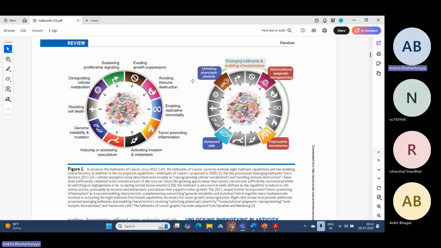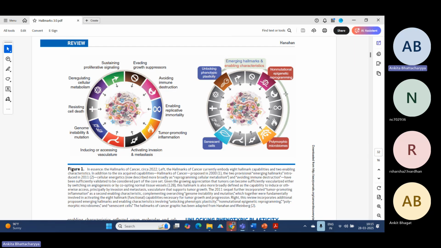So that's what you saw here. These enabling characteristics were two. One was non-mutational epigenetic reprogramming. If you remember, we had talked about epigenetic reprogramming a lot. I think at some point of time we talked about it when we discussed different proteins which can be used for inhibition or which can be used as cancer drugs, basically, that you disrupt the transcriptional circuitry and you disrupt the epigenetic regulation, and by that you can basically target cancer.